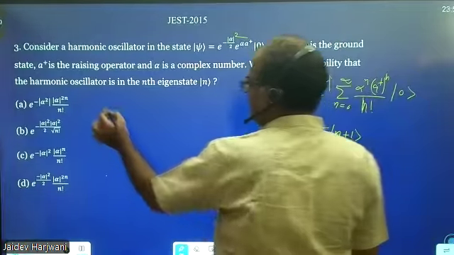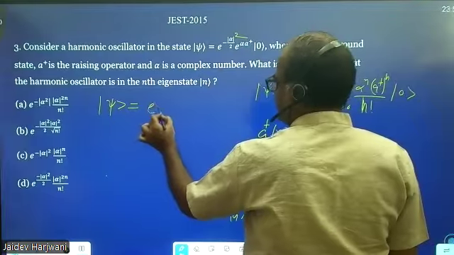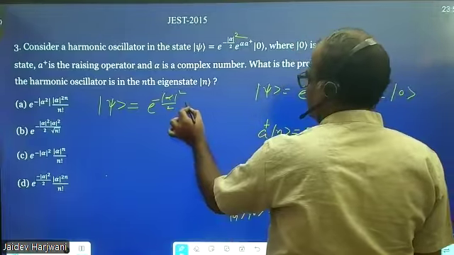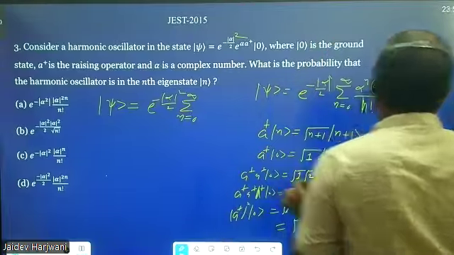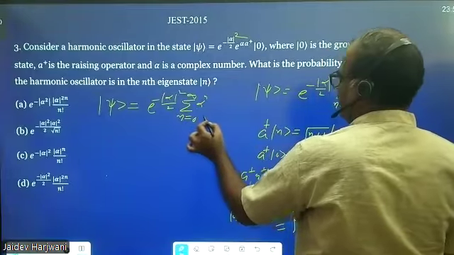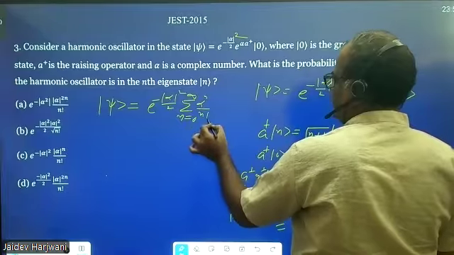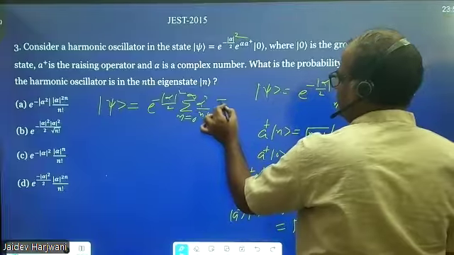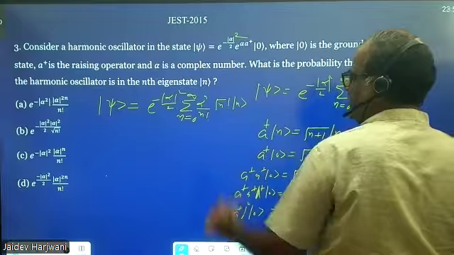So now my state psi becomes e^(-|alpha|^2/2) summation n from 0 to infinity alpha^n over n factorial, times root n factorial, and the state is n.